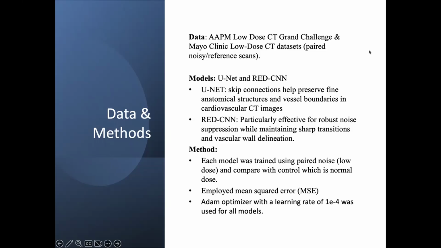Adam was chosen because it combines the benefits of two other methods: AdaGrad, which adapts the learning rate for different parameters, and RMSProp, which effectively handles non-stationary objectives. And the learning rate of 1e-4 balances learning speed and stability, ensuring that the model steadily approaches the optimal solution without overshooting or causing unstable training, which is critical for preserving the fine detail needed in cardiovascular images.